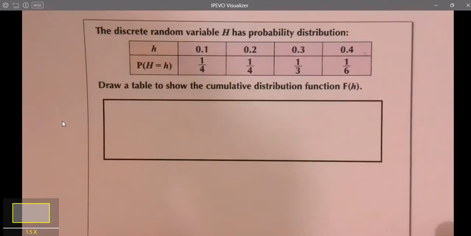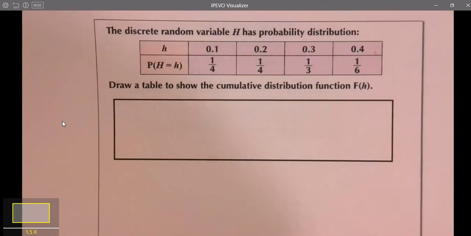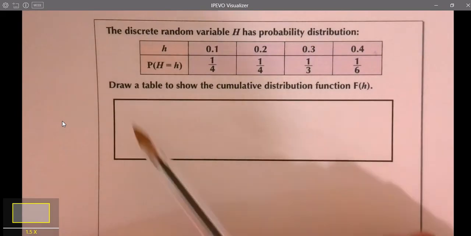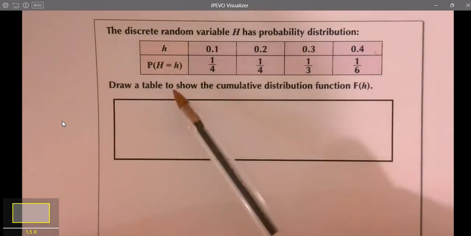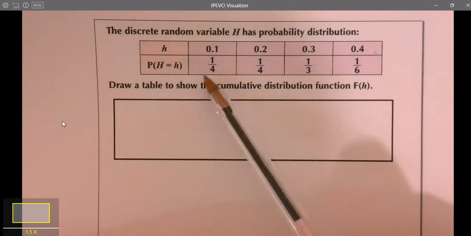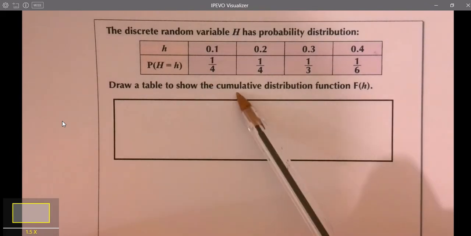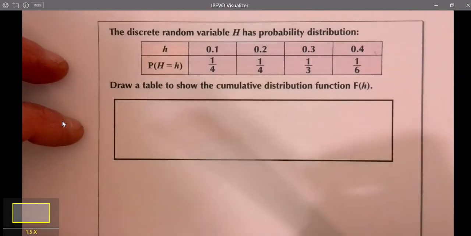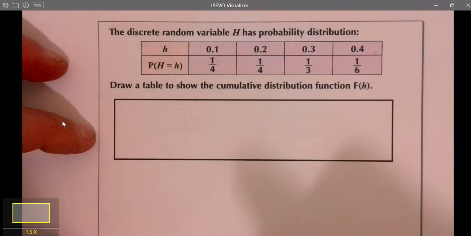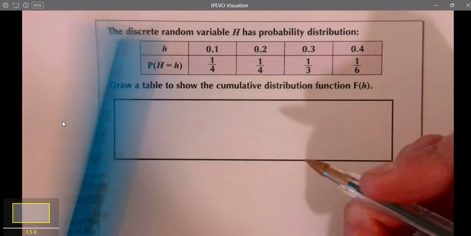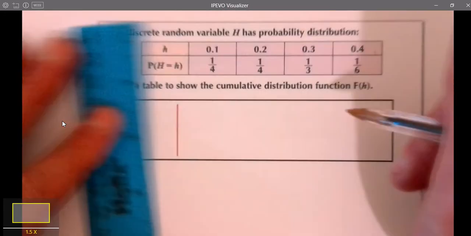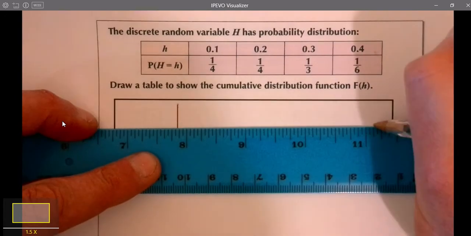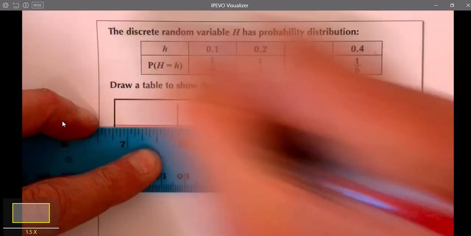So let's have a look at our first example today. What have we got? The discrete random variable that we've got here is set out, and then it's asking us to draw a table to show the cumulative distribution function for this. All it actually means here is we're going to go through the different values that we could possibly get, so our different outcomes.